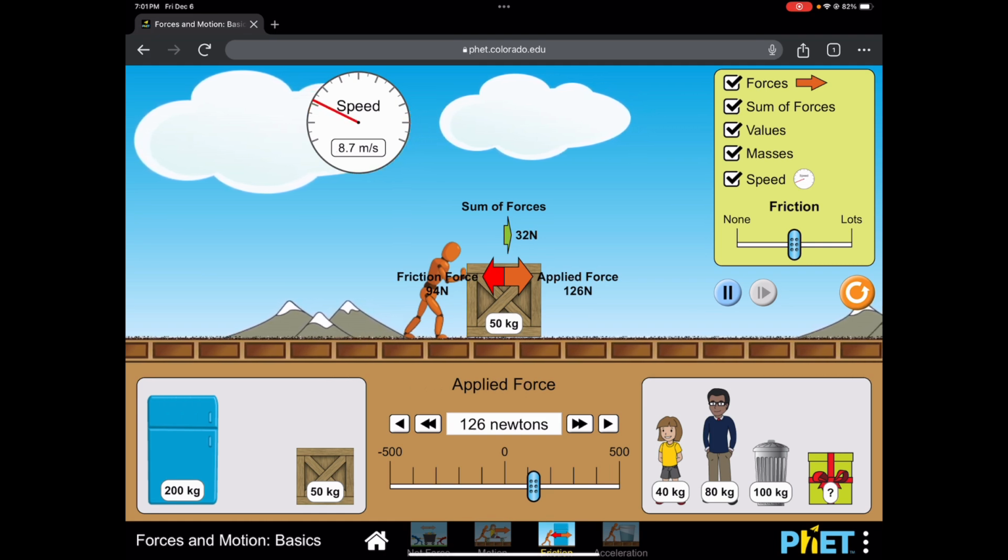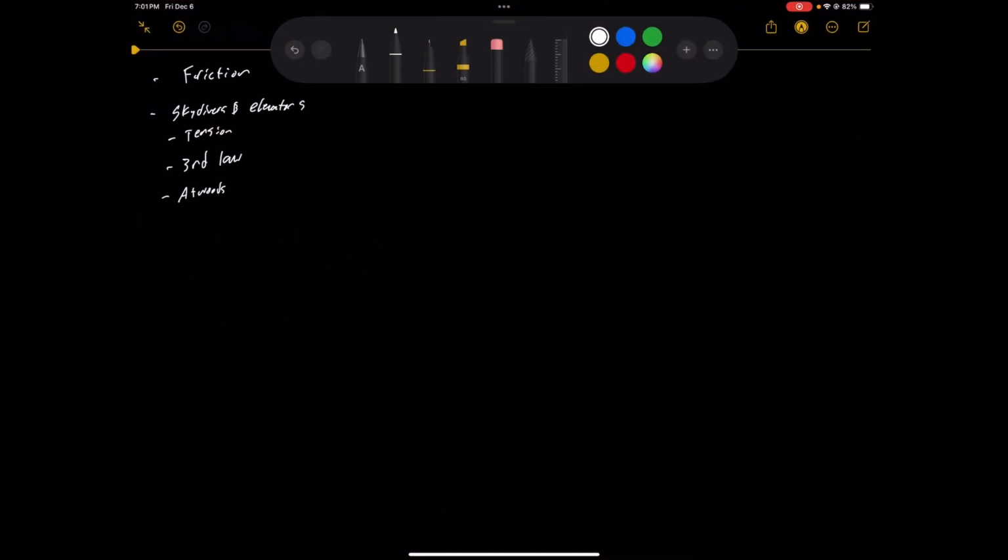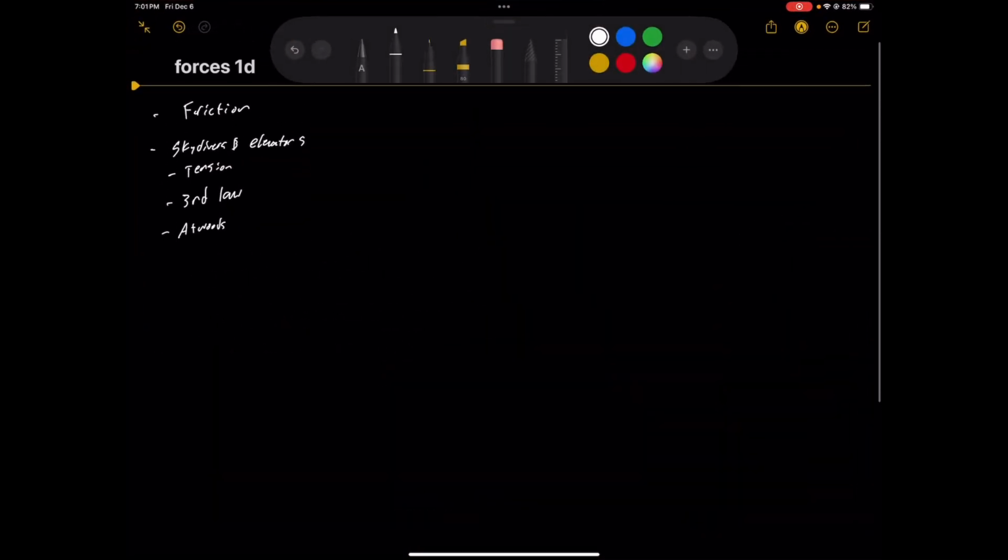All right. So this is one key fact about friction, right? So if I go back to here, there are two types of friction. There's static friction and there's kinetic friction.